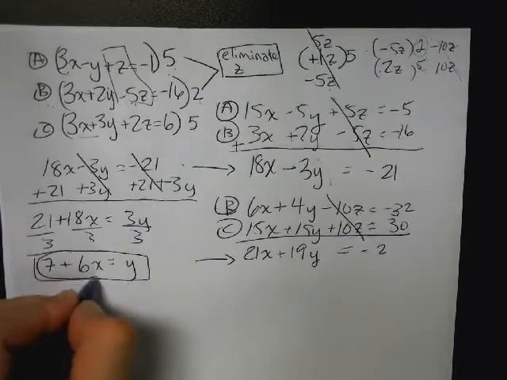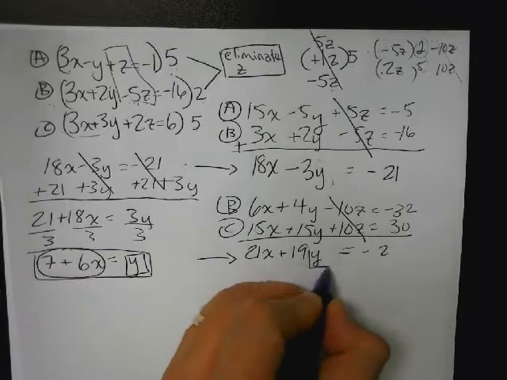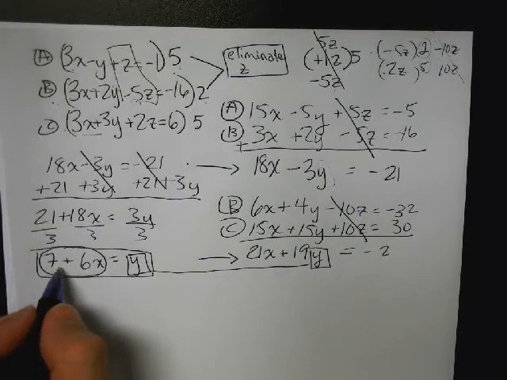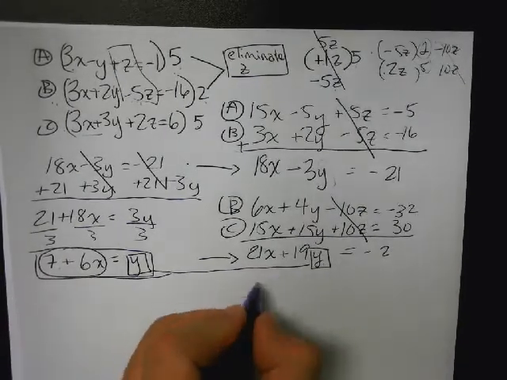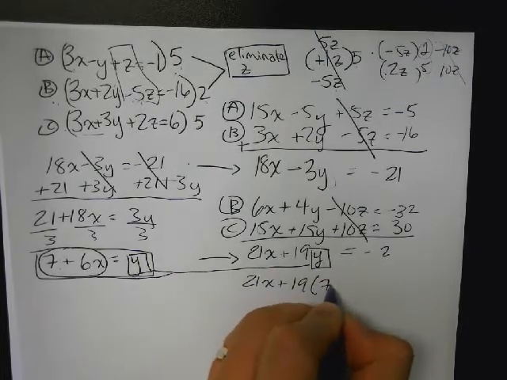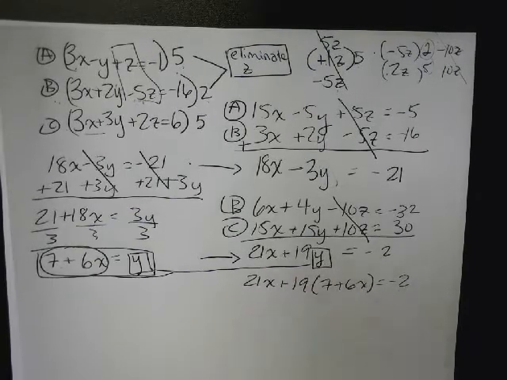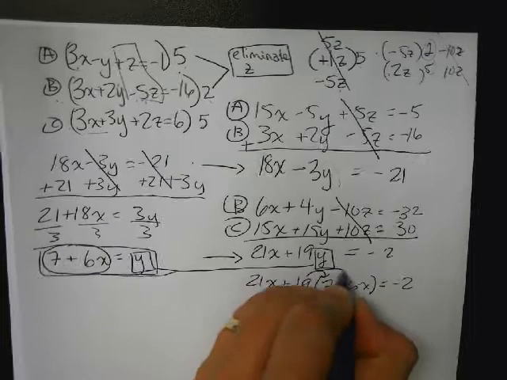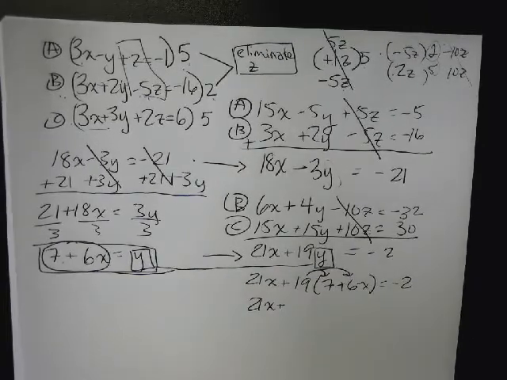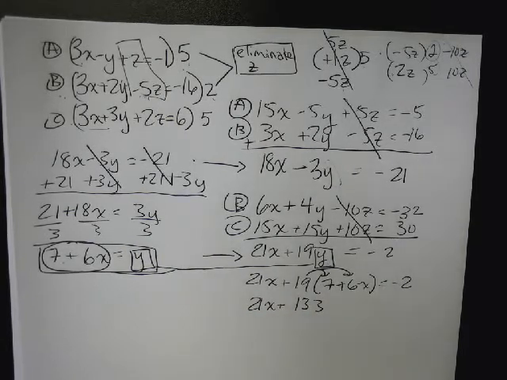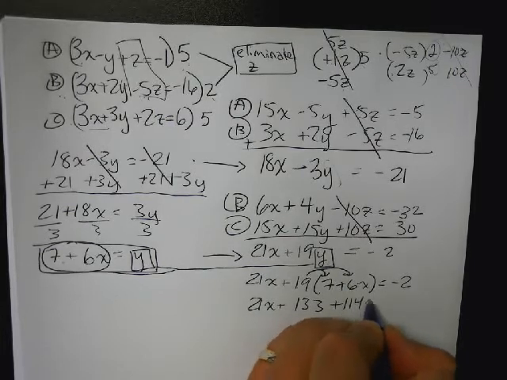I'm going to take this information, and this y are the same. So what I'm going to do is just match these up. This 7 plus 6x is going to go in here for the y. So 21x plus 19 times 7 plus 6x is going to be negative 2. Alright. So 21x plus, and then I'll distribute my 19. 19 times 7 is 133. 19 times 6 is 114.